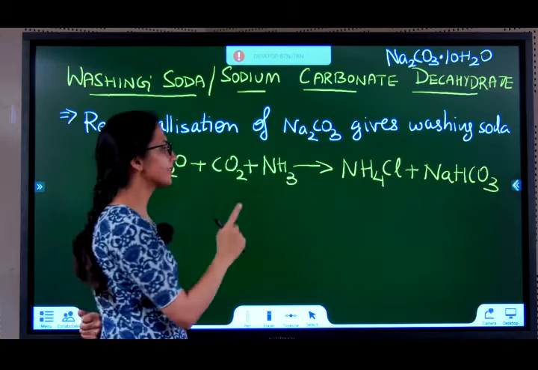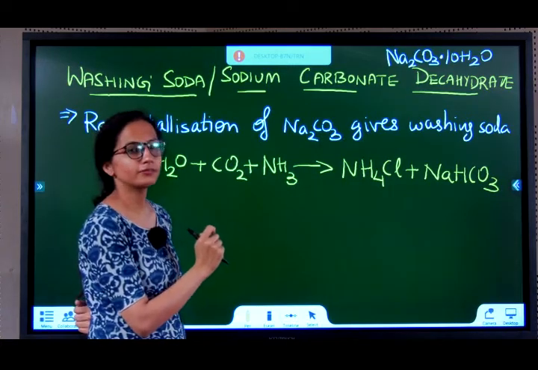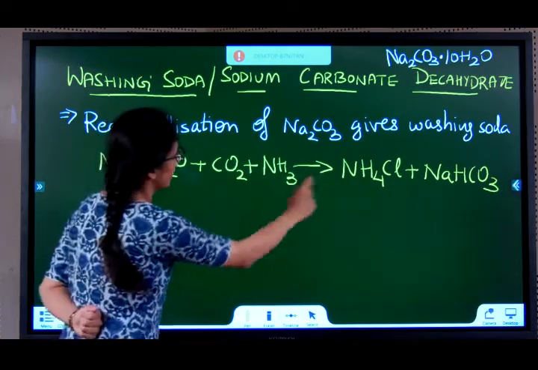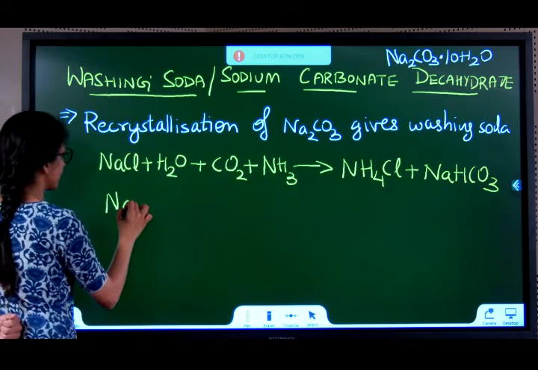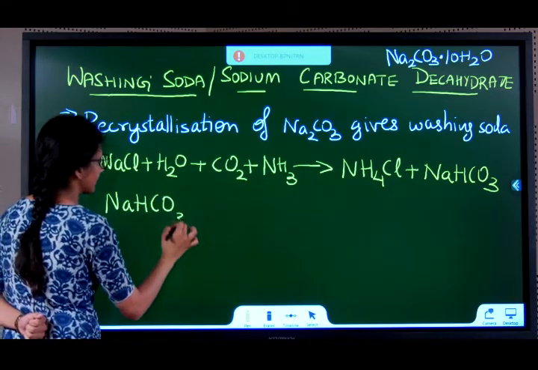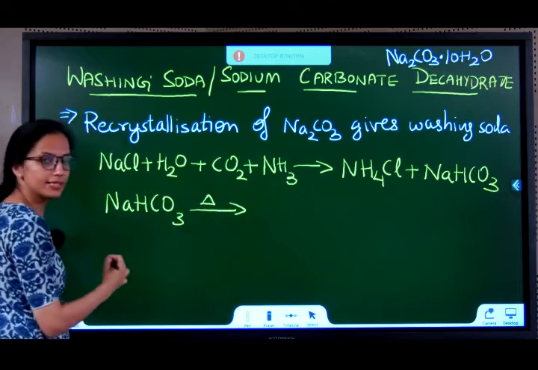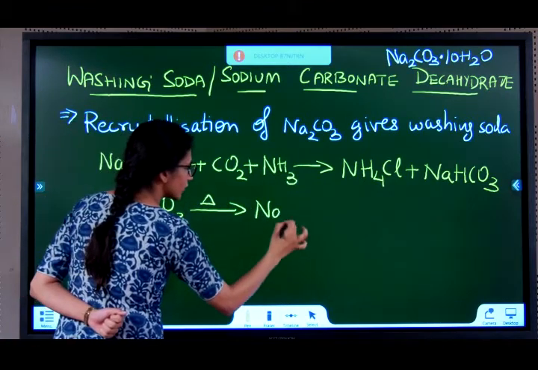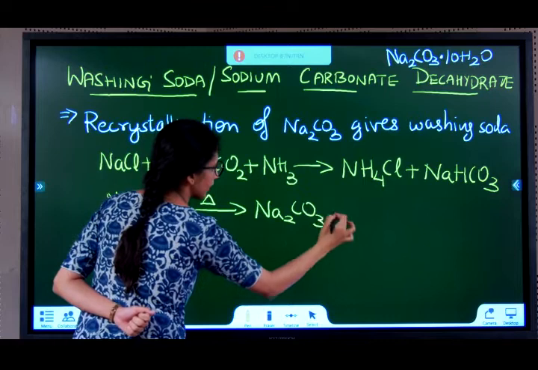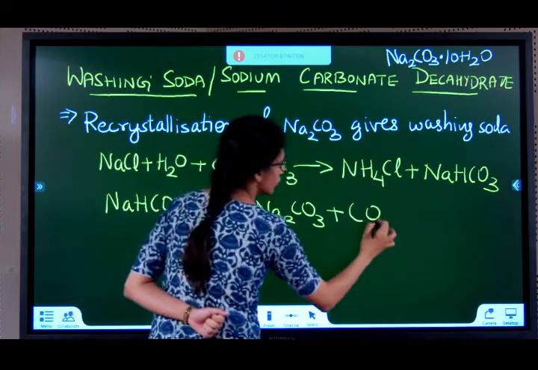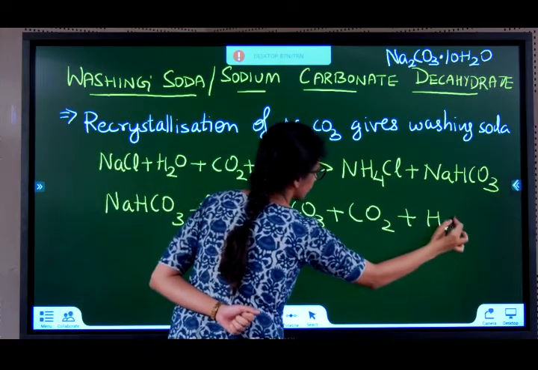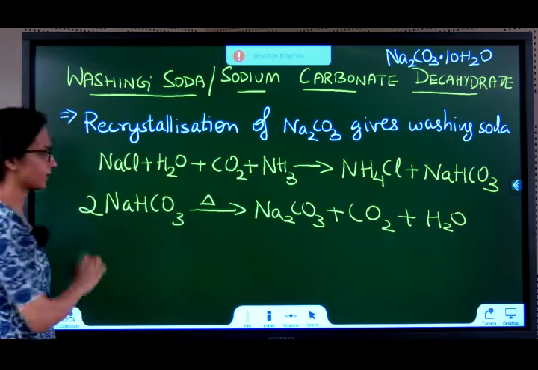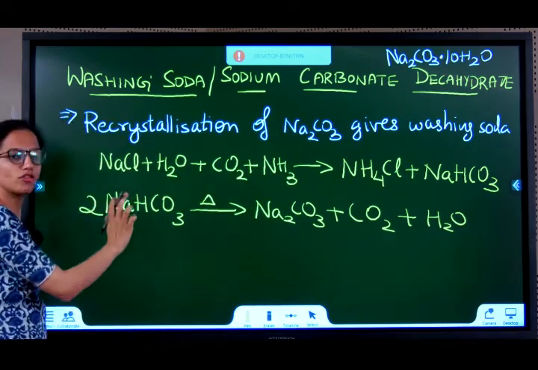What is this sodium hydrogen carbonate called? Baking soda. Now you take the sodium hydrogen carbonate and you heat it. What happens? We already know this reaction: sodium carbonate plus CO2 plus H2O is given out. Balancing this, you get this. These two reactions we already know.